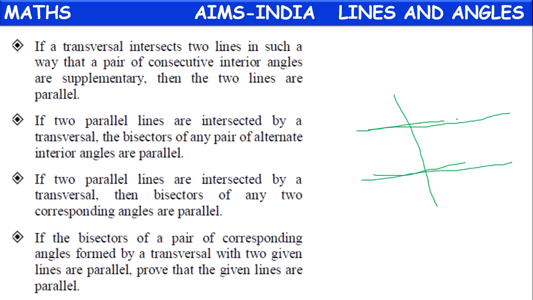Corresponding angles means they should lie on the same side of the transversal and on the same side of the line, for the upper line and the lower line. So they are called corresponding angles. Then the bisector of this and the bisector of this, these two also will be parallel.